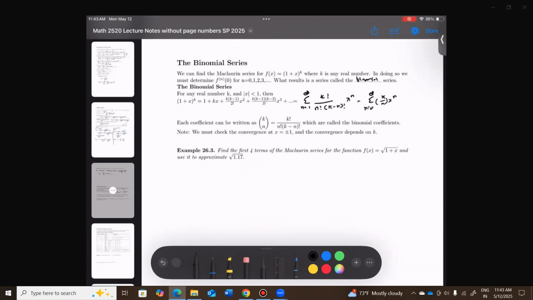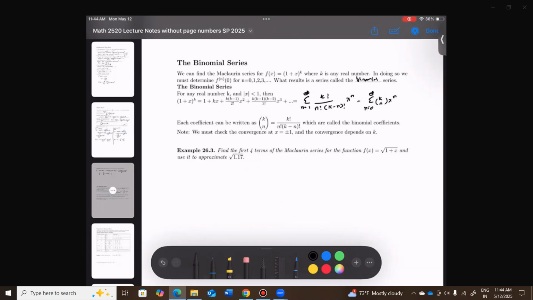This is just k choose n, not k over n. Each coefficient can be written as k choose n, being k factorial over n factorial times k minus n factorial, which are called the binomial coefficients.